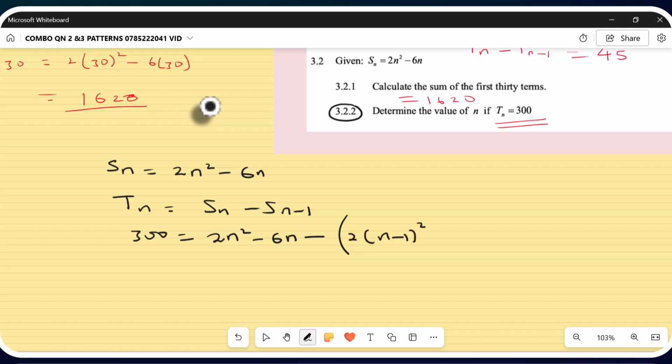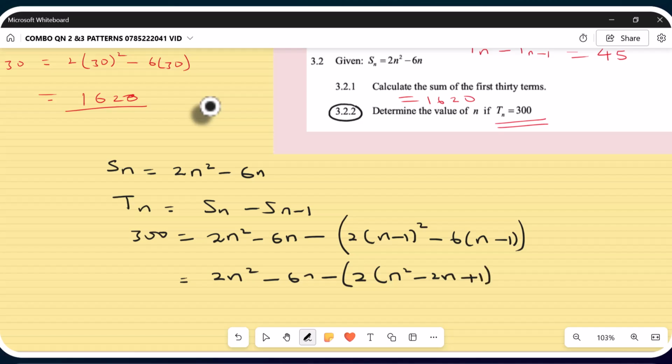So it's going to give us 2n squared minus 6n, minus, let us enter now the 2, it's going to be 2n squared, and then minus 4n, and then plus 2, and then minus 6n, then plus 6 here.